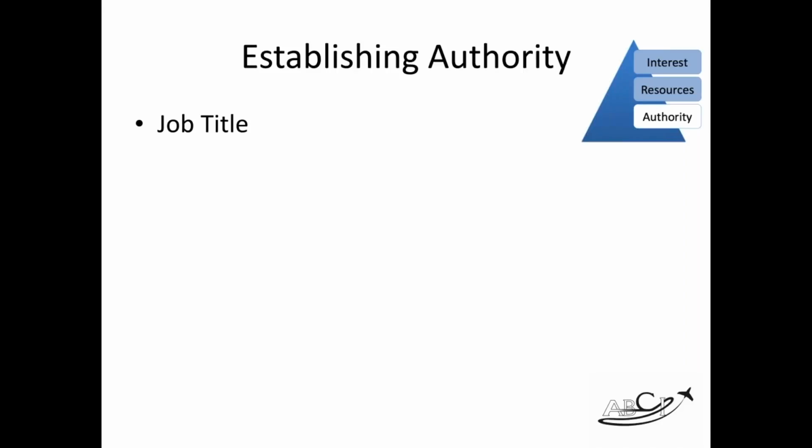Titles have gotten really weird these days. There's a lot of folks with titles that seem more inflated than they should be. People tend not to have the authority that's ascribed to their job title, but it is a starting point. If you know what someone's job title is, then you have some idea of how much authority they may have to make a purchase or not from you.